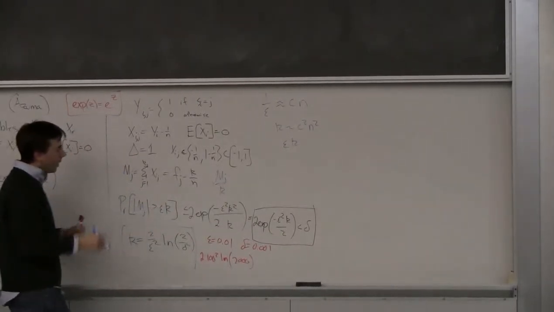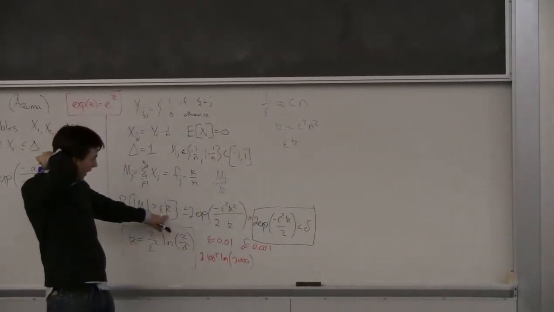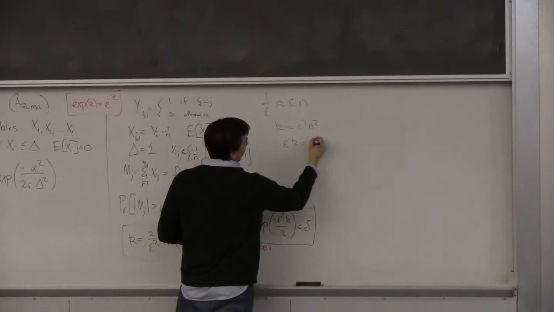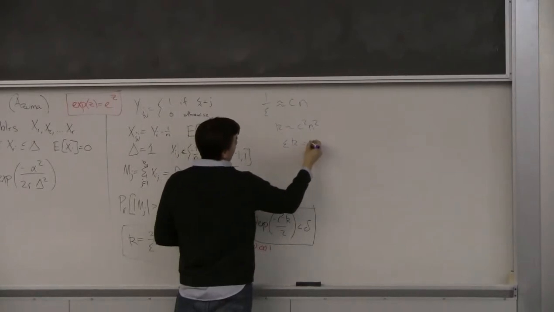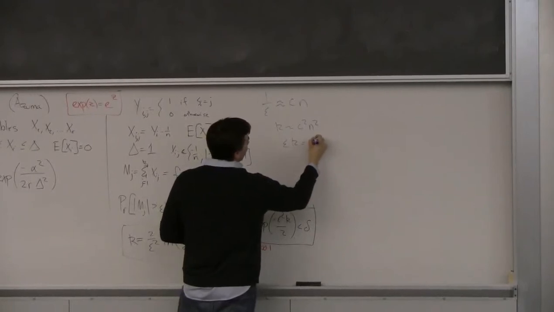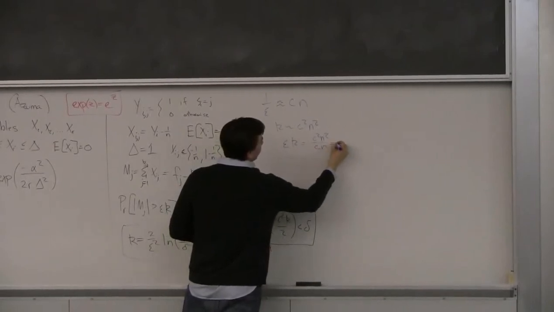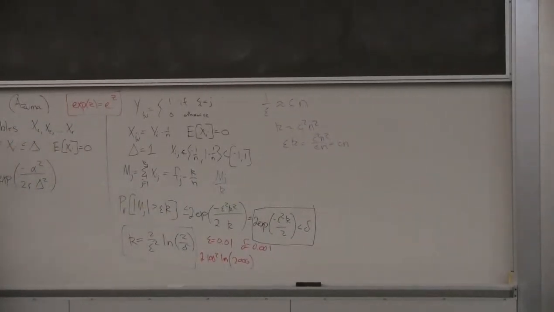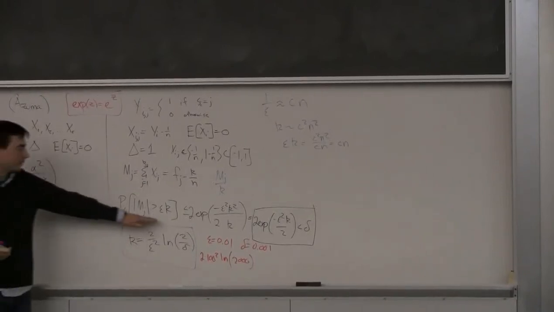If I want this to go down with k, then I want epsilon k to be roughly this term within. If I write these both in terms of n, I get c squared n squared over Cn, and this is going to be roughly C times n. So for any constant, this quantity is going to grow.